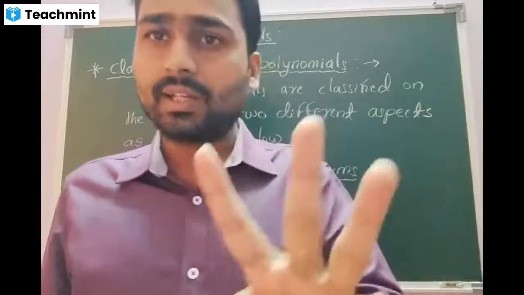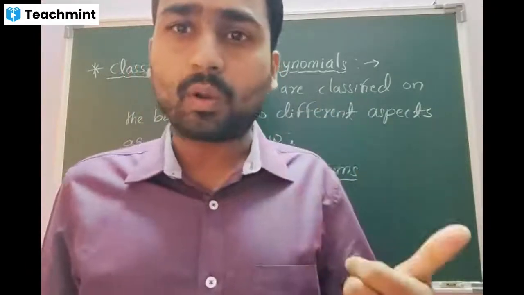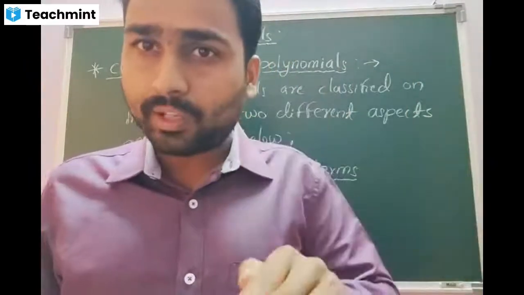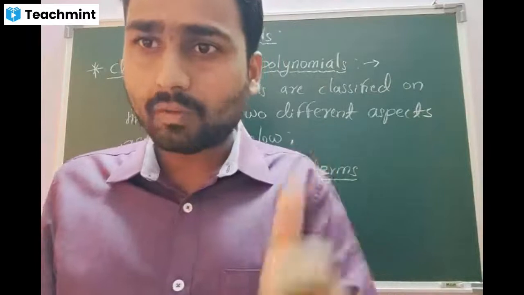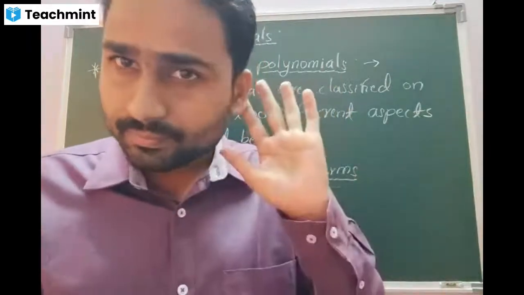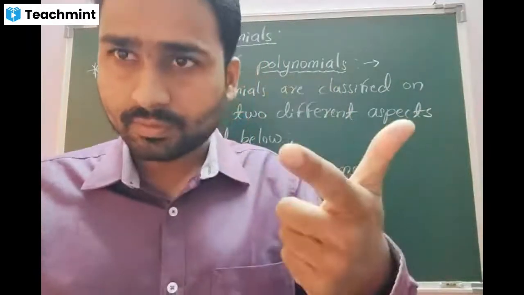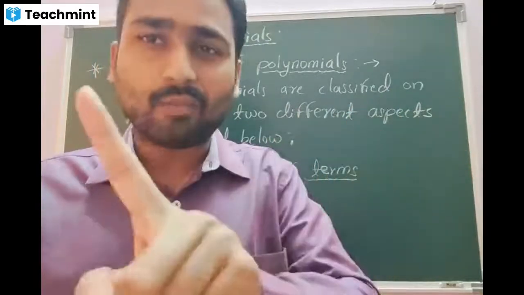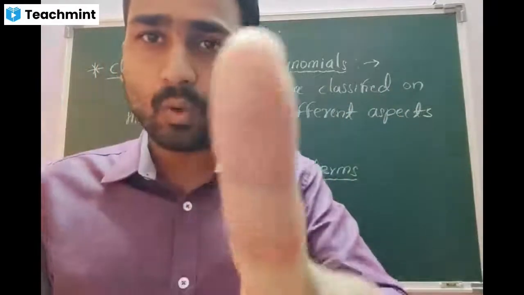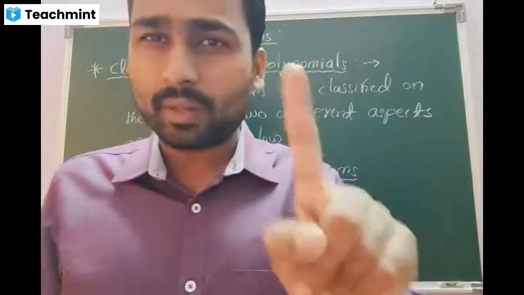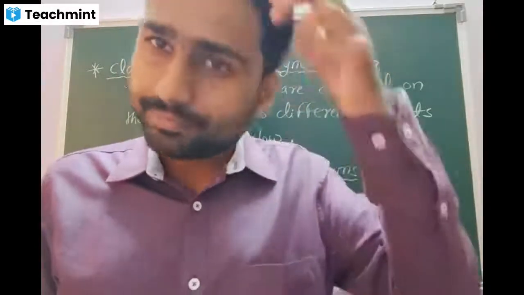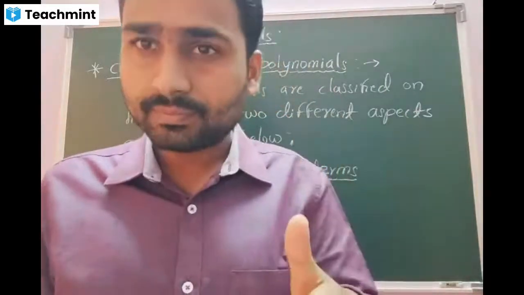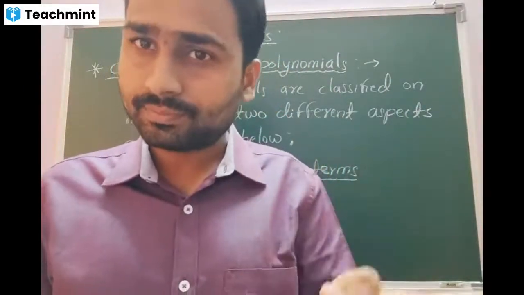If three terms are there, what do we call the polynomial? Okay, beta. Who will tell the types of polynomials based on the number of terms? Quick. Monomial, binomial. A polynomial containing one term is called a monomial.